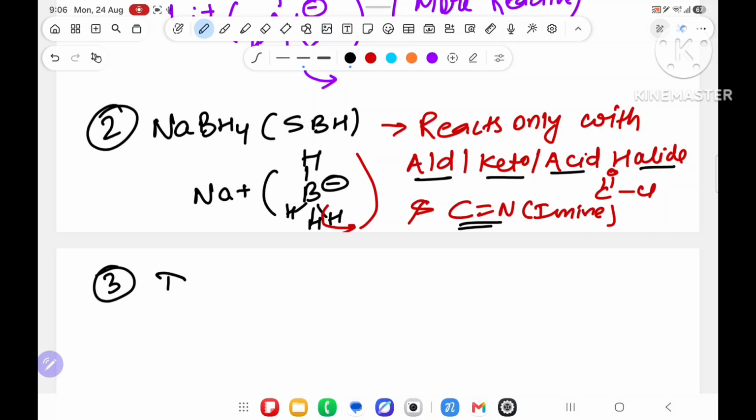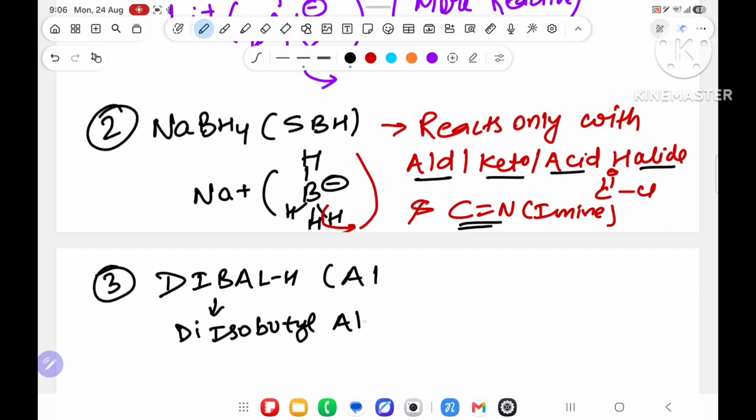Third one is DIBAL-H. DIBAL-H means di-isobutyl aluminum hydride. That is also written as aluminum, isobutyl twice, and hydrogen.